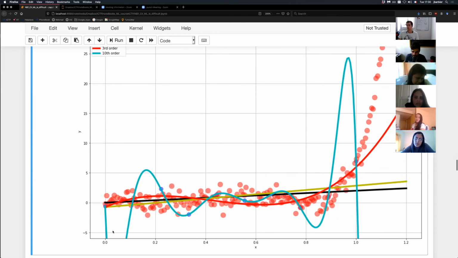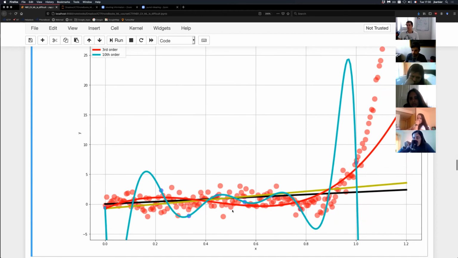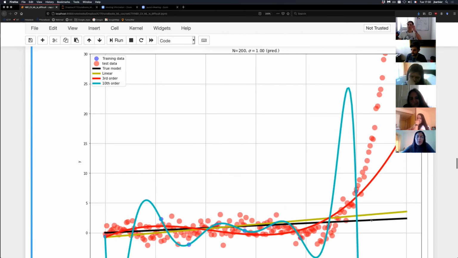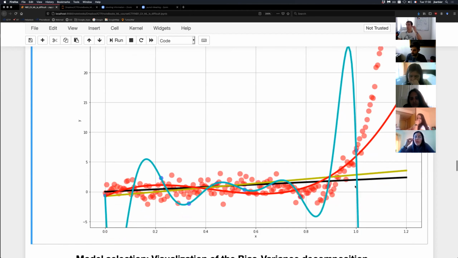Because you see that what we fitted was essentially pure noise, and therefore, on the test data, this noise is uncorrelated with what we fitted. We are not able to predict at all the outputs for the test data, and especially away from this range, due to this hypersensitivity of our 10-order polynomial to the noise fluctuations.